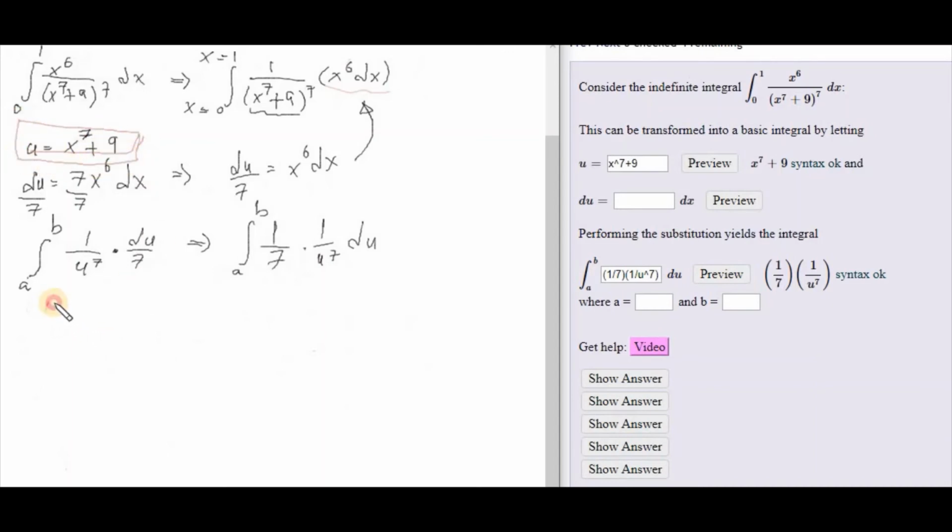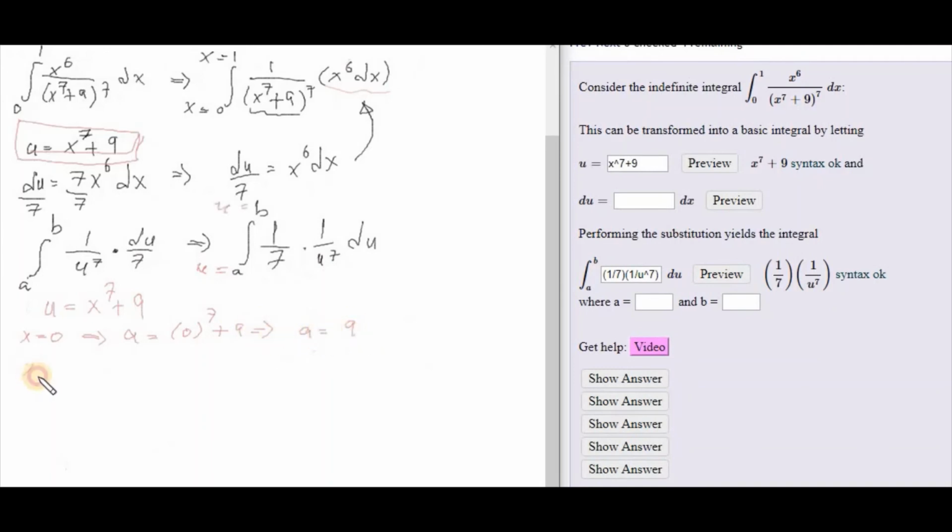So I'm going to write it here. u is basically x to the 7th power plus 9. So when x is equal to 0, that means the new limit, u is equal to a. So a will be, you plug x in it, 0 to the 7th power plus 9, and that will give me a is equal to 9.